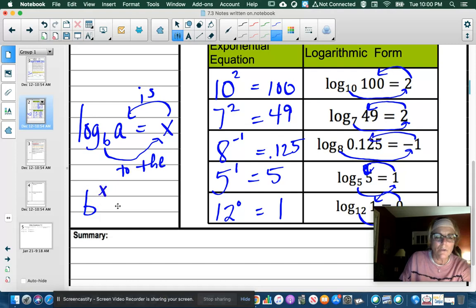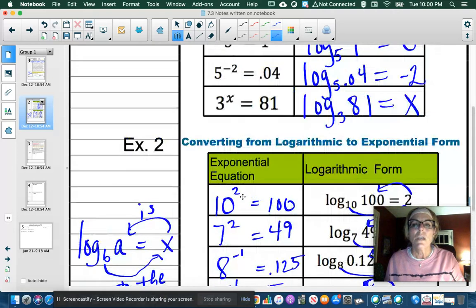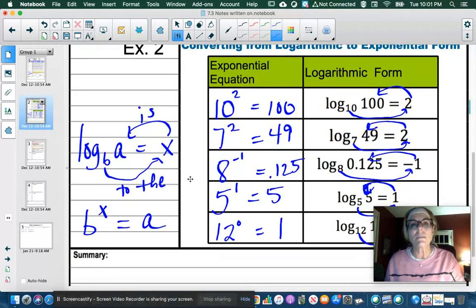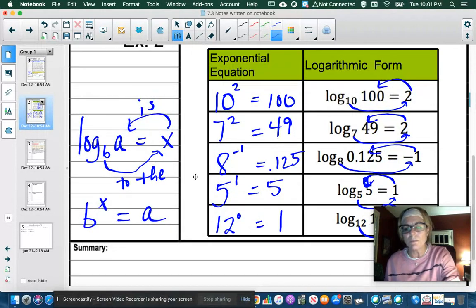That's what I was trying to say when I did this example. So we've gone from exponential to log and log to exponential. We converted between the two forms.